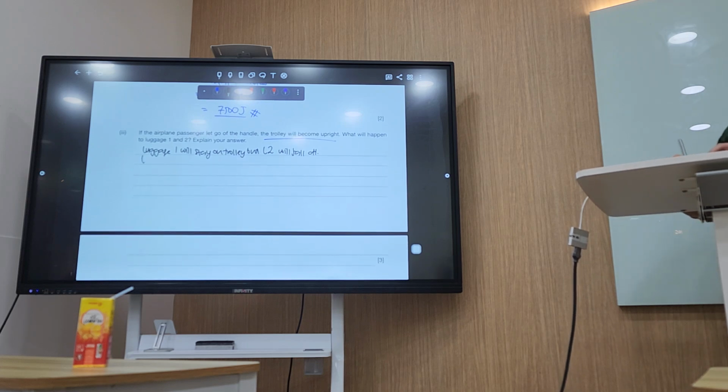We will say that luggage 1's weight is acting within the base of the trolley. Hence it remains on the trolley.